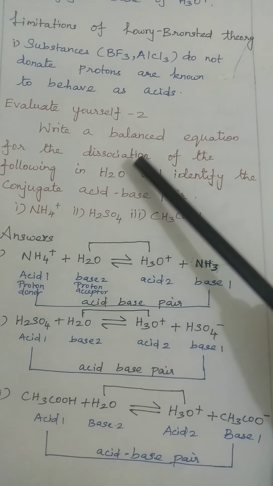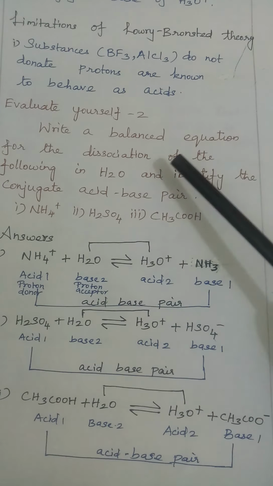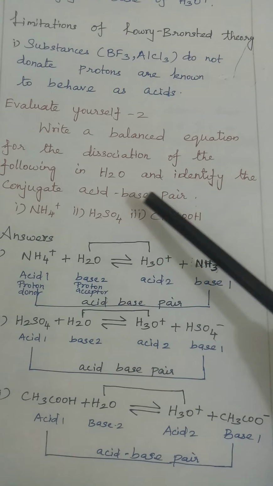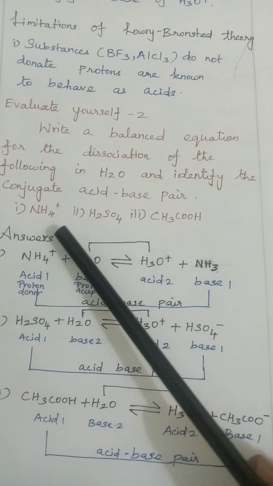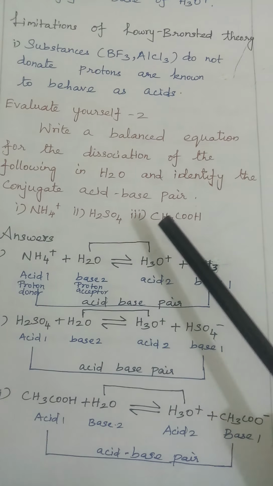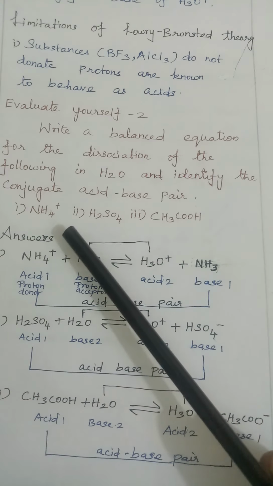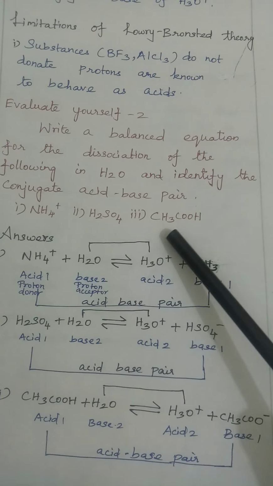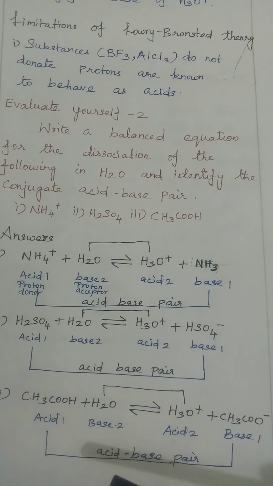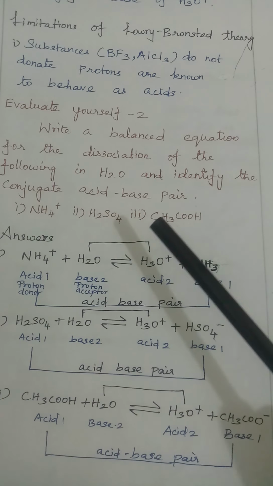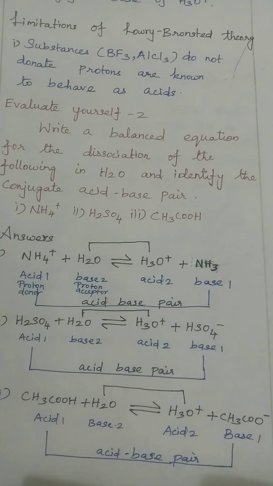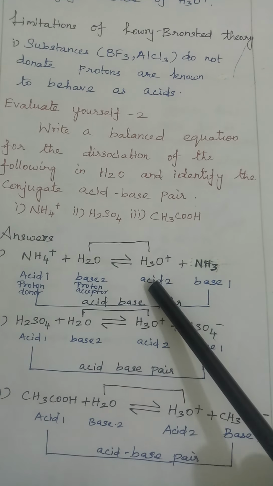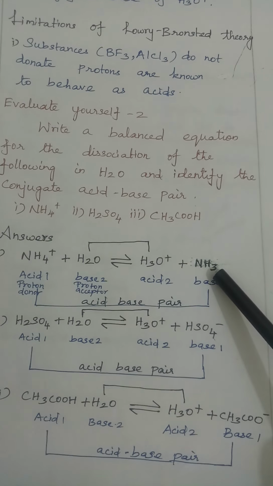Evaluate yourself. Write a balanced equation for the dissociation of the following in water and identify the conjugate acid base pair: NH4 plus, H2SO4, CH3COOH. NH4 plus is dissolved in water, H2SO4 is dissolved in water, acetic acid is dissolved in water, and identify the conjugate acid base pair. So NH4 plus is dissolved in water to form H3O plus and NH3.